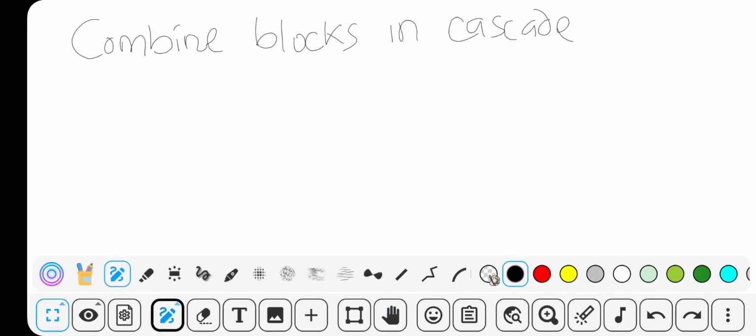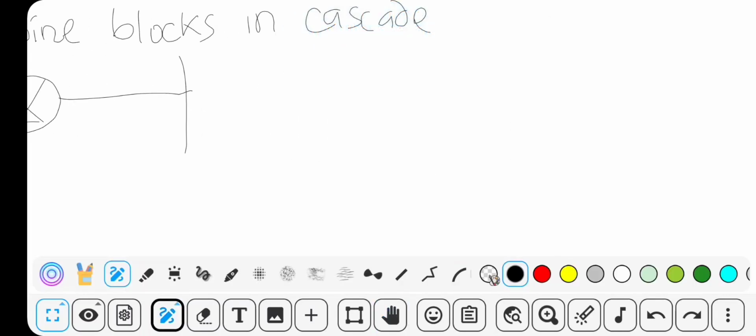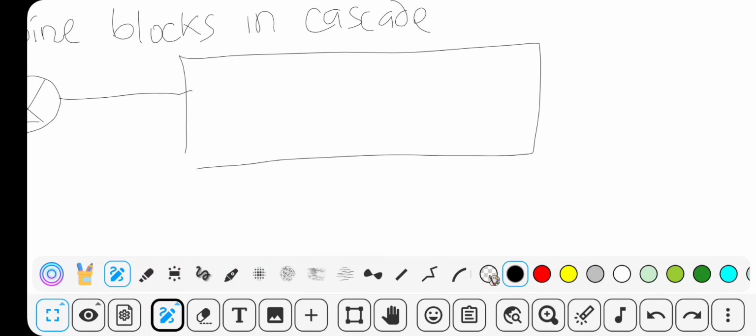Combining them gives us G1 G2 G3 plus, just multiply the 3.